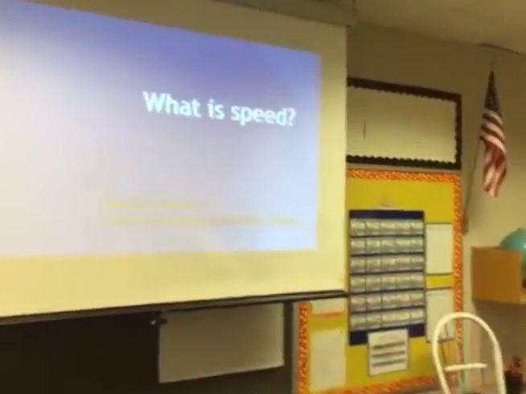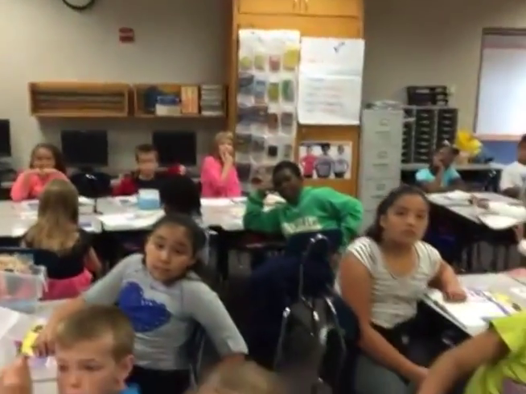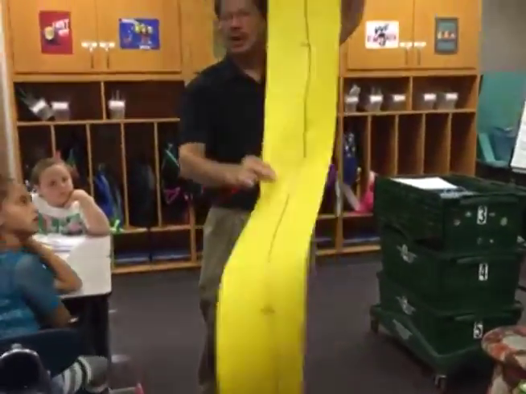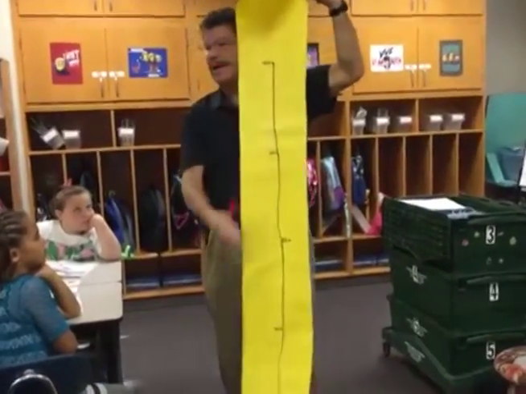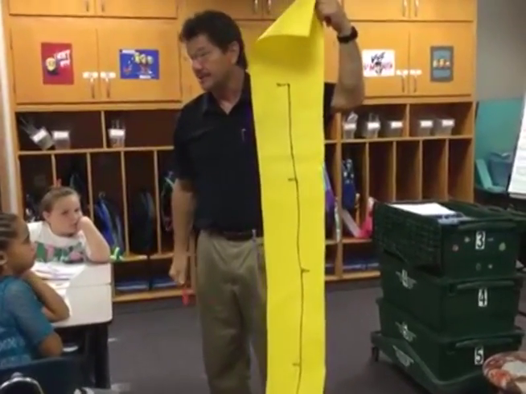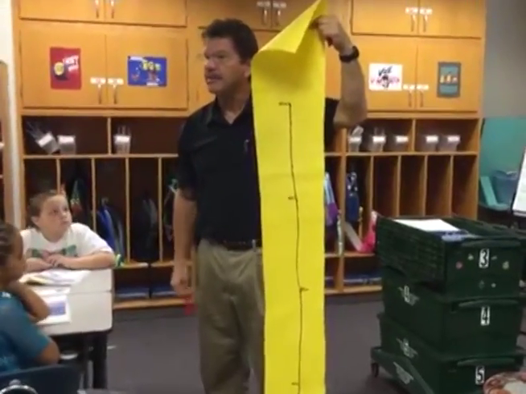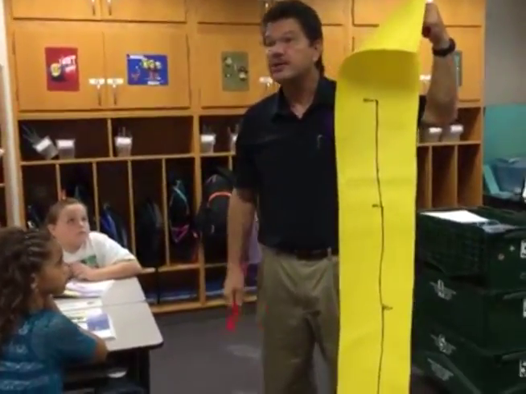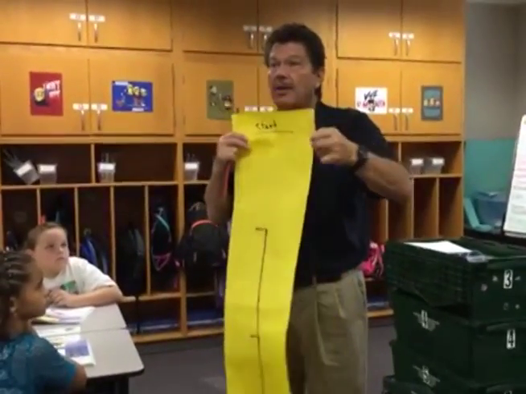Well, we're going to do an experiment today. It is, what is speed? Are you guys ready for that? All right, so here's what we're going to do. We're going to use a long piece of paper that has 180 centimeters. That's our distance, right? The reason we're using paper is because the carpet here really slowed down the marble.